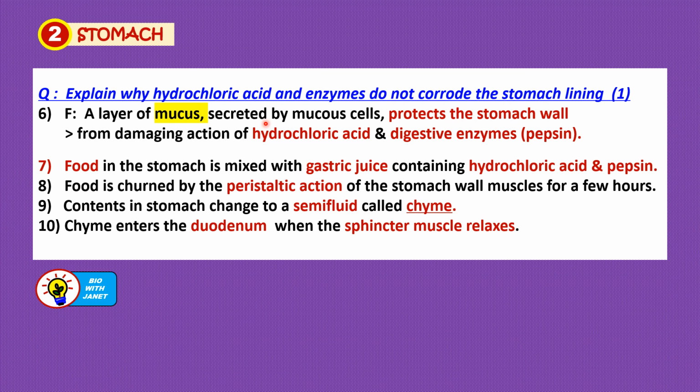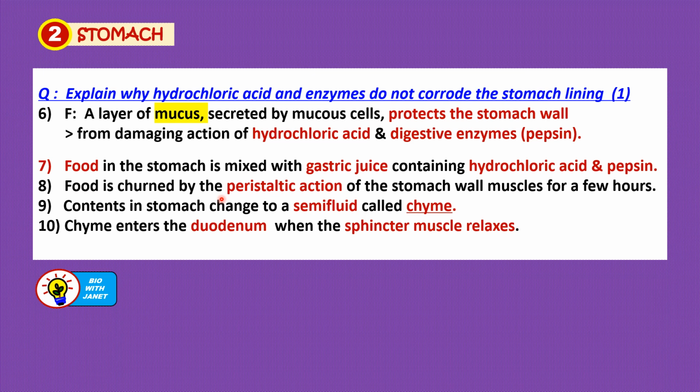So the answer is there is a layer of mucus secreted by the mucous cells that protects the stomach wall from the damaging effect of hydrochloric acid and the digestive enzymes, such as pepsin. So the layer of mucus is a slimy protective layer that can prevent the corrosion by the hydrochloric acid and also enzymes.